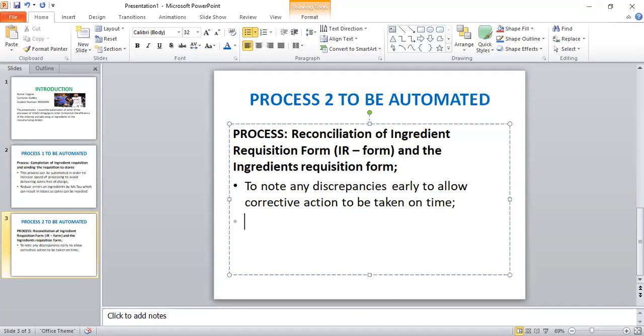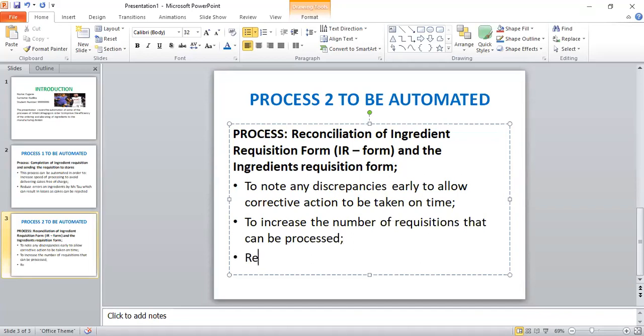Like if normally these things should agree. So to increase, remember that the number of requisitions that can be processed.